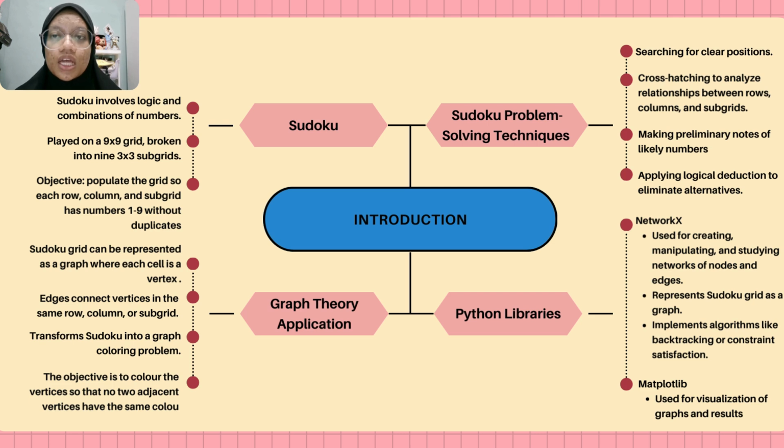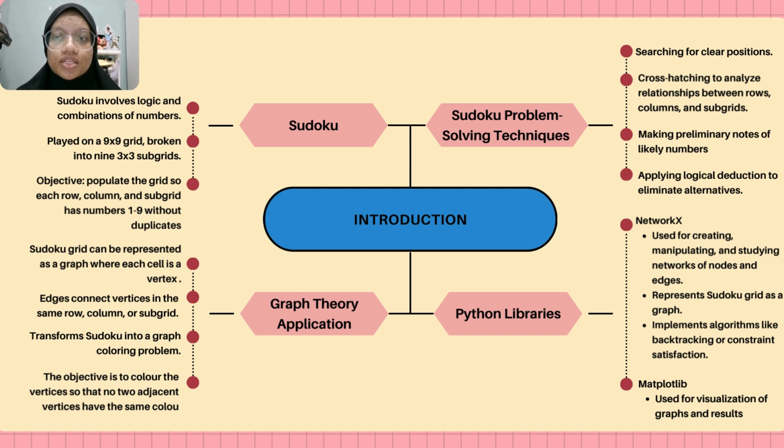As for the Python libraries, the first Python library that has been used is NetworkX. NetworkX is a library for creating, manipulating, and studying complex networks of nodes and edges. Furthermore, NetworkX can represent the Sudoku grid as a graph in which each cell is a node and is connected to other nodes within the same row, column, and subgrid.